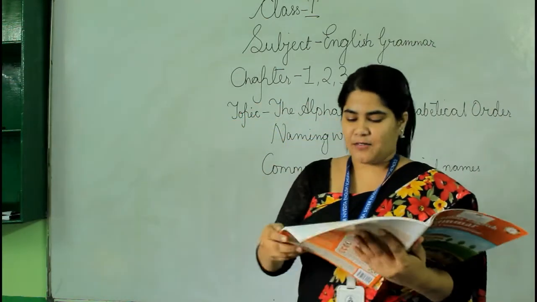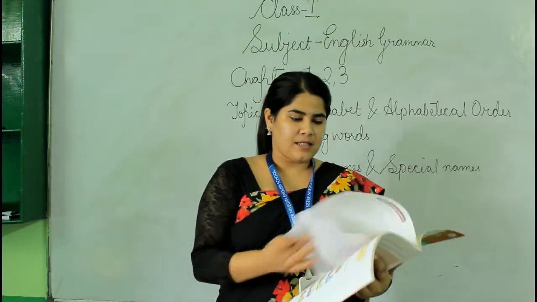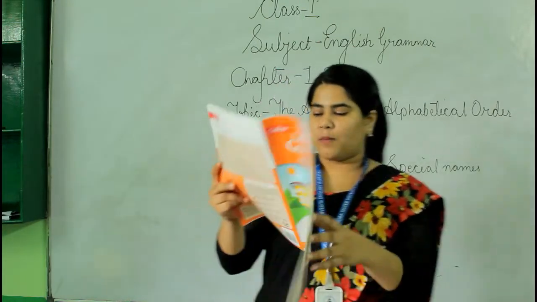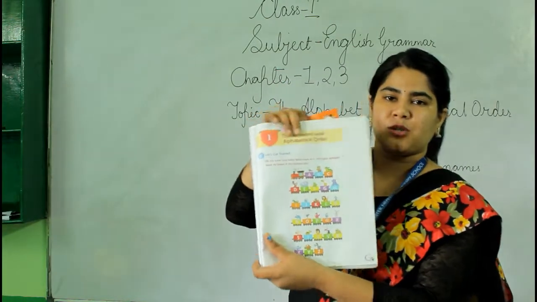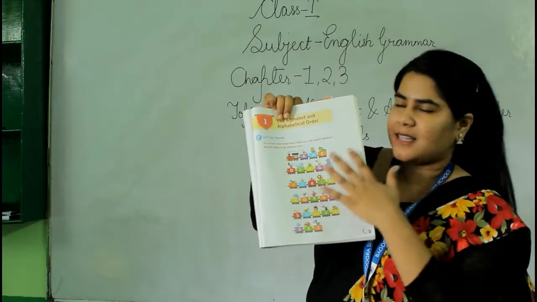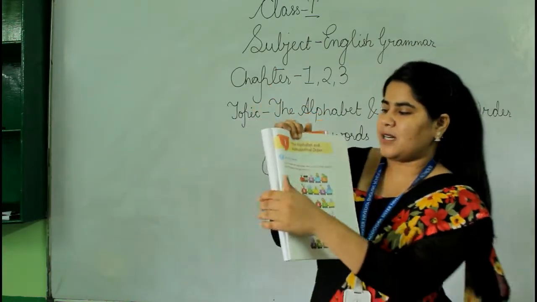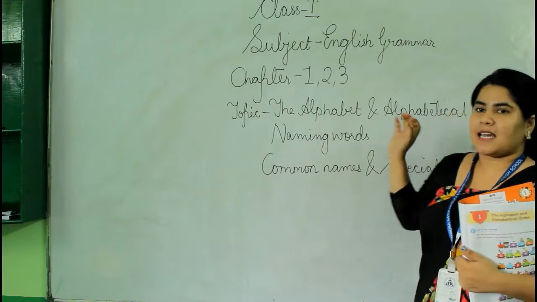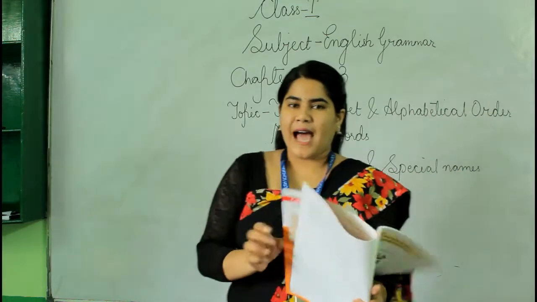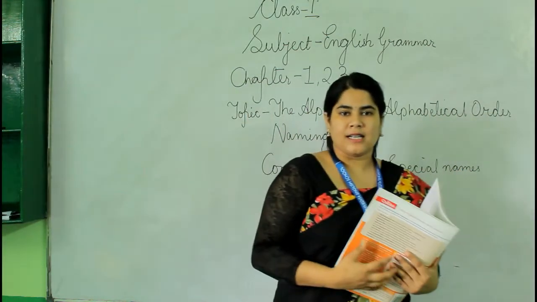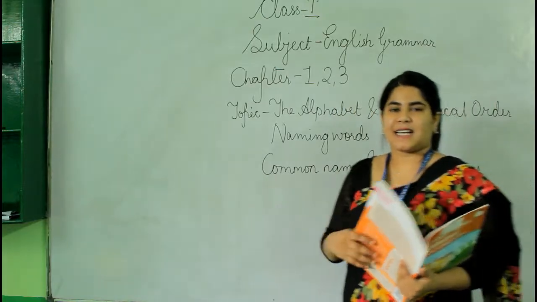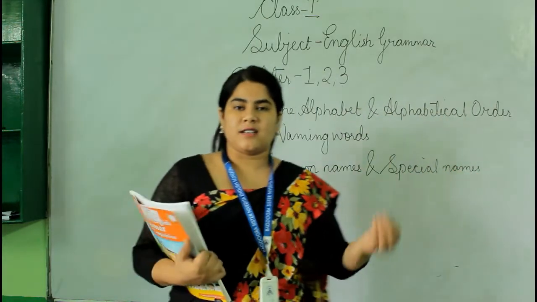So we will start with the first chapter, and the first chapter is open to page number 11. If you turn to page 11, then you will get this type of image, that is chapter number 1. And the name of the chapter is The Alphabet and Alphabetical Order. You all have already learned in UKG, in your previous classes, the alphabets, the letters.